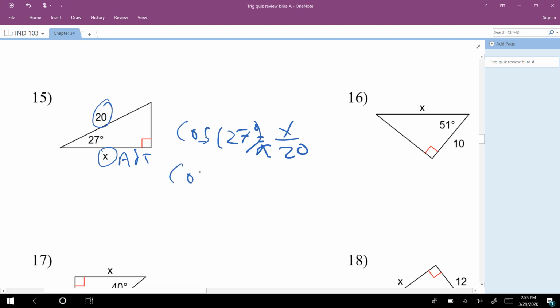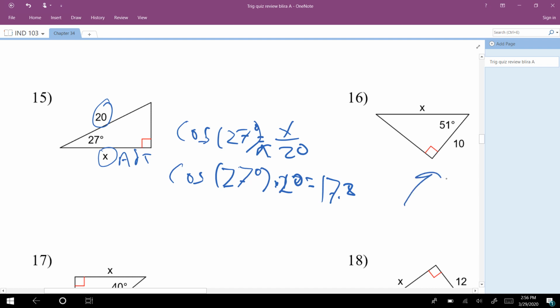So we'll have cosine of 27 degrees times 20 equal to, let's see, cosine of 27 degrees times 20, 17.8. 17.8.